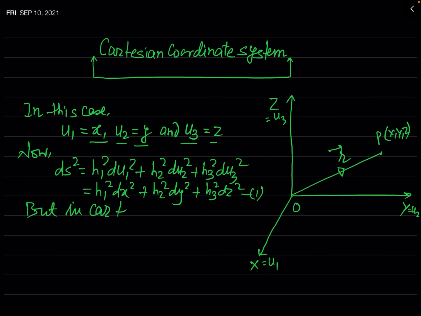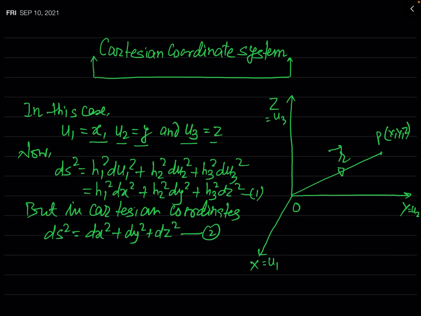In Cartesian coordinates, this ds square is equal to simply dx square plus dy square plus dz square. As you know, x, y and z are independent variables, so dx, dy and dz will also be independent from one another.